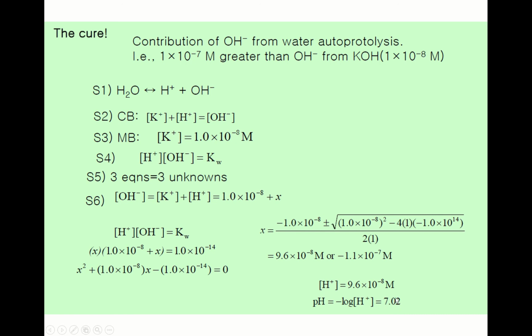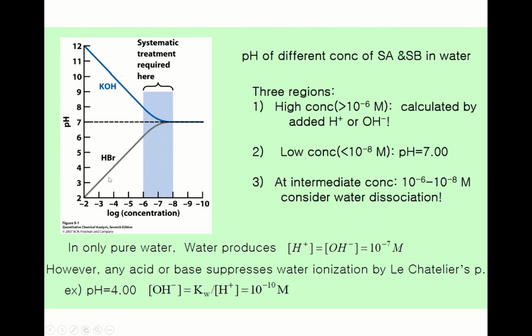It never becomes acidic; it approaches 7. This figure shows that, for a strong acid and a strong base. When you dilute a strong acid more and more, the pH increases, but never goes beyond pH 7.